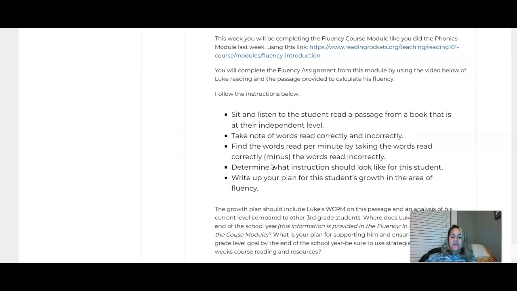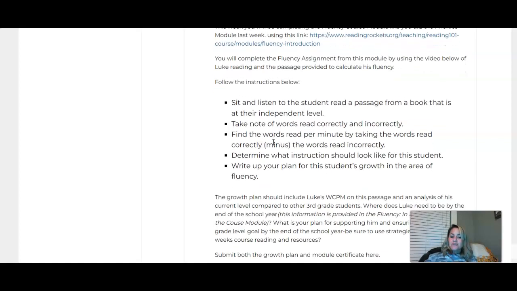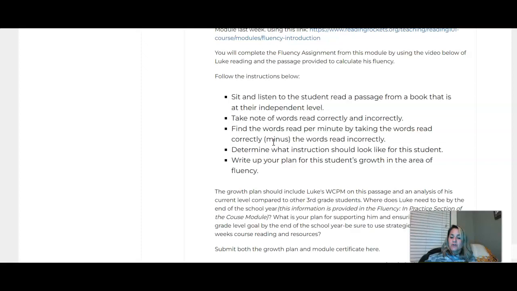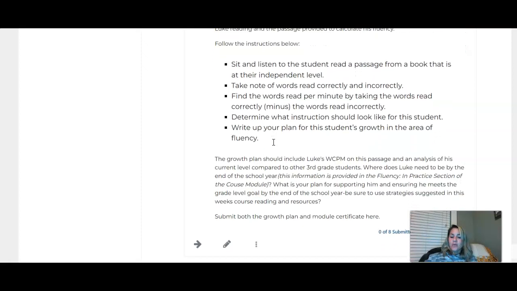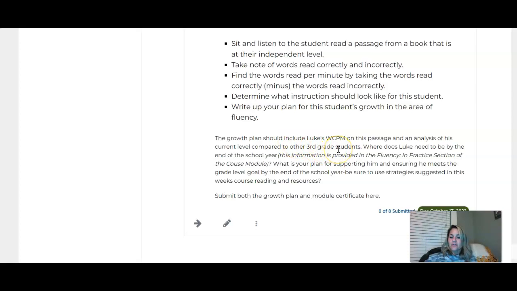You see here that you're not only evaluating his fluency rate and stating how many words per minute he reads correctly, you're also going to determine, based on what you learned about fluency instruction, what instruction should look like for Luke. Is he on grade level? Is he needing improvement in this? What can we do to help Luke be sure he's reading on a third grade level, and what plan would you put in place? Please reach out if you have questions about this.